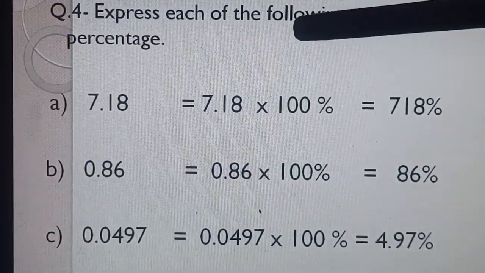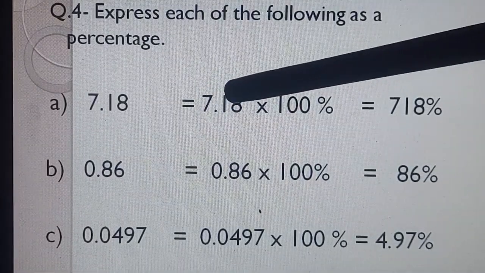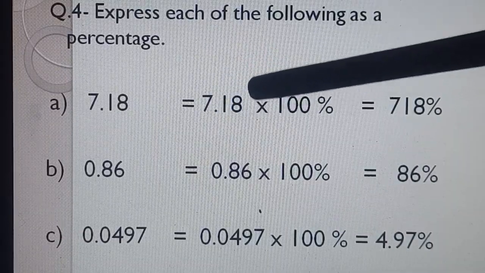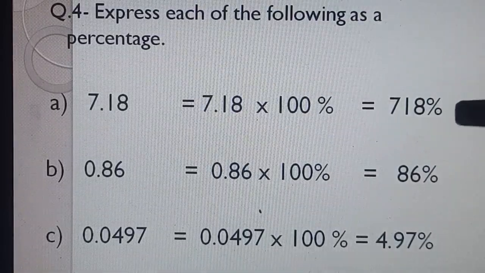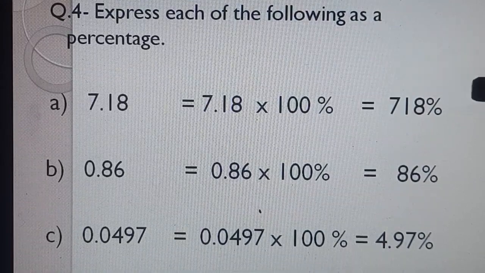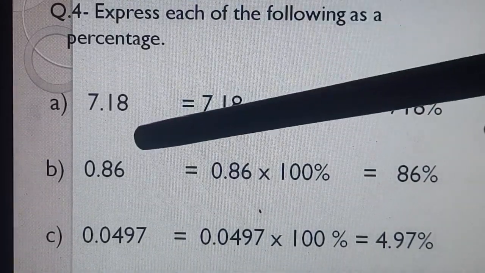How many places? 2 places. So 1 place it will come between 1 and 8. 1 more place it will come after 8. So our answer will become 718.0%, or we can say 718%. Right?